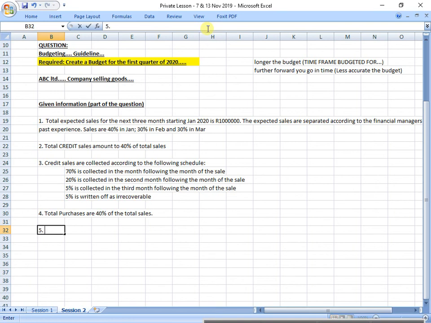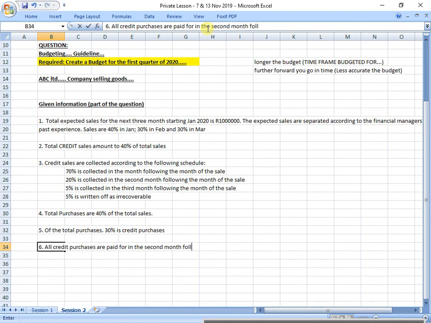Another point that can maybe say, of the total purchases, 30% is credit purchases. Okay. And then number 6, all credit purchases are paid for in the second month following the month of the purchase.